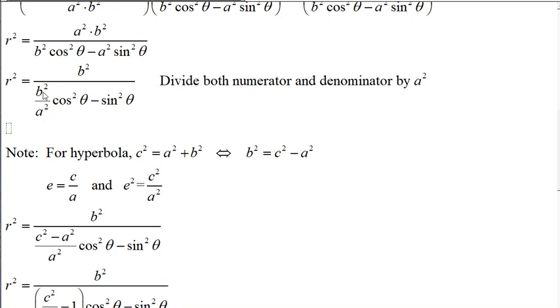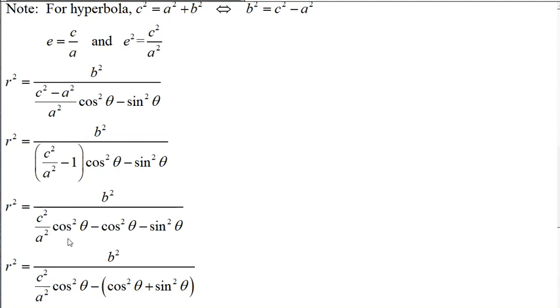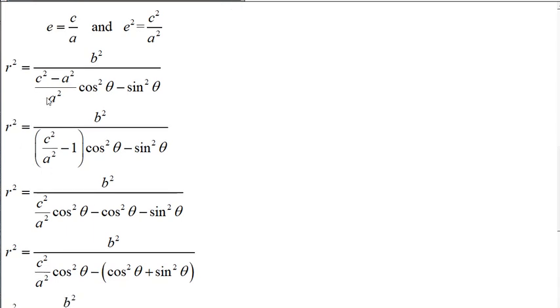And so from here, in place of b squared, we have c squared minus a squared. C squared divided by a squared, and a squared divided by a squared is 1.